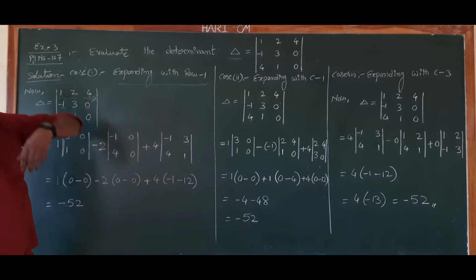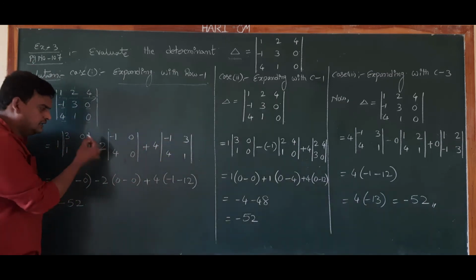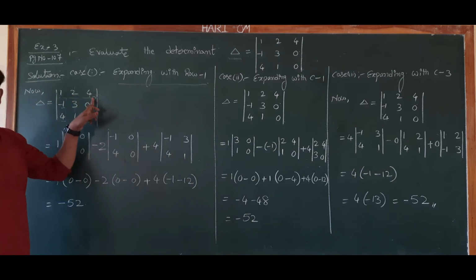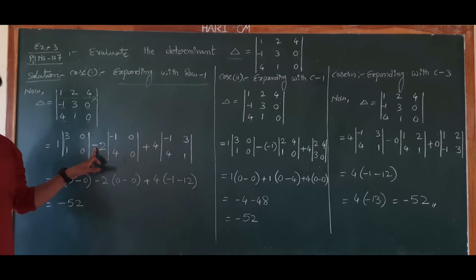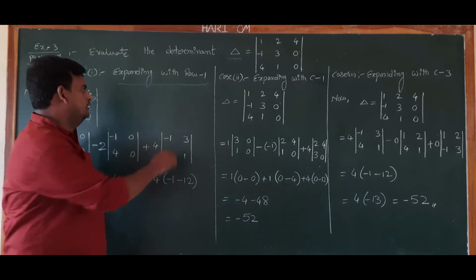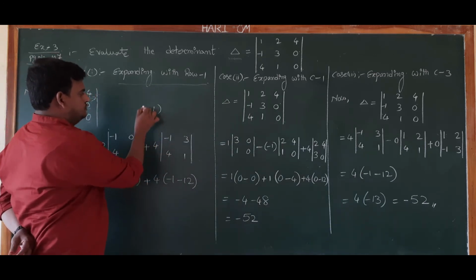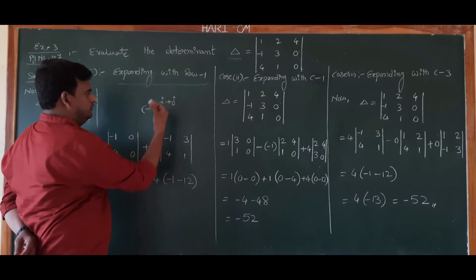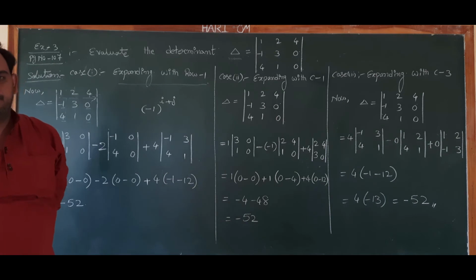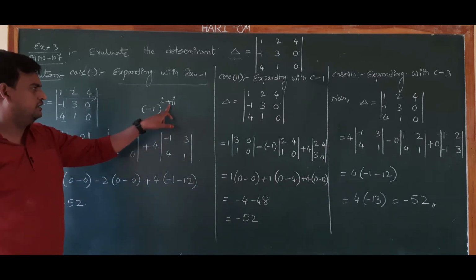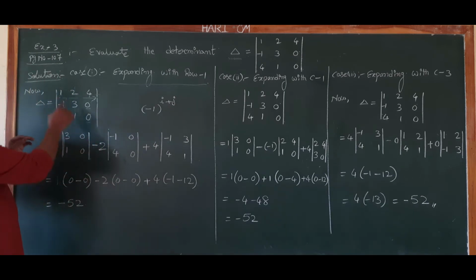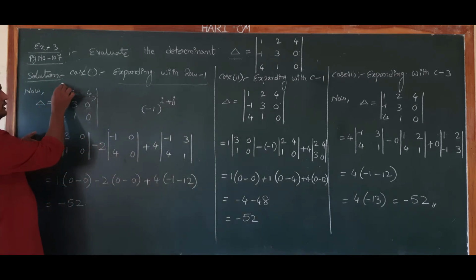Now you may have a doubt: how did we get minus here? We have plus 2, plus 1, plus 4. How did we get minus? As I told you, every number has to multiply with the coefficient minus 1 power i plus j. We need not write this coefficient every time; we have to remember that when we are choosing the first element, it indicates plus, minus, plus.